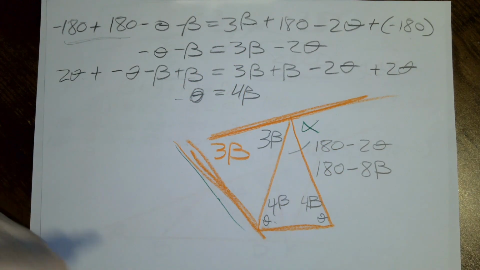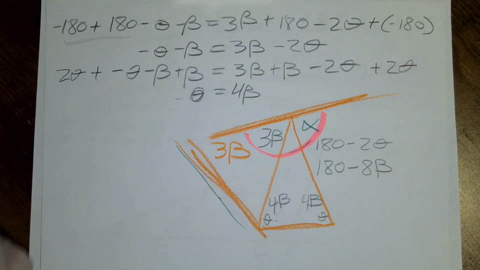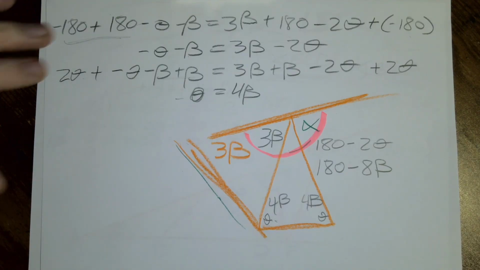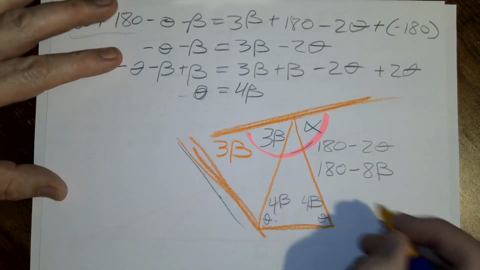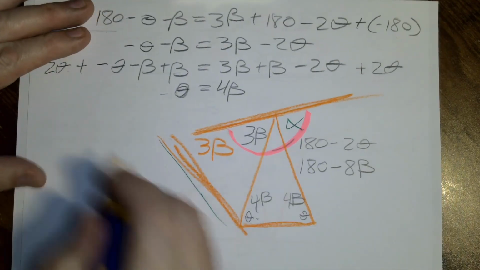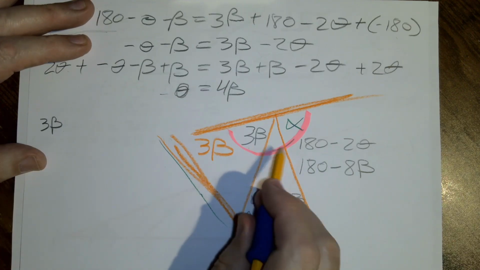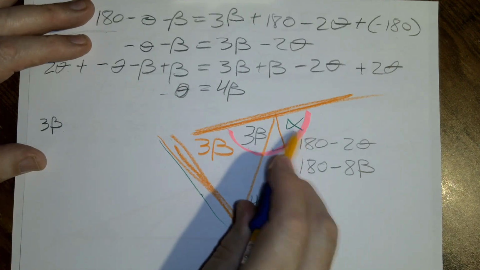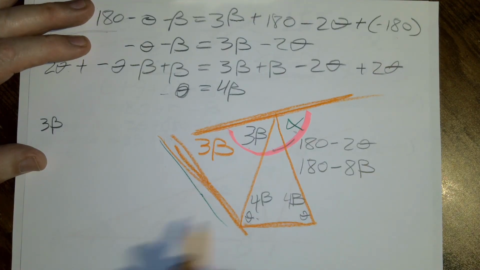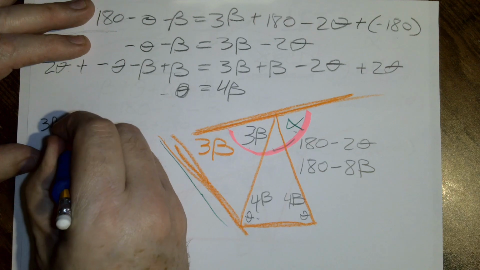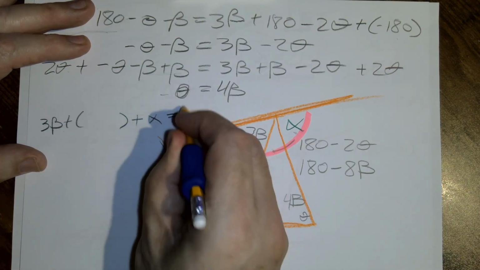We're going for this in here. So we know that 3 beta, okay, 3 beta plus this angle plus alpha equals 180.